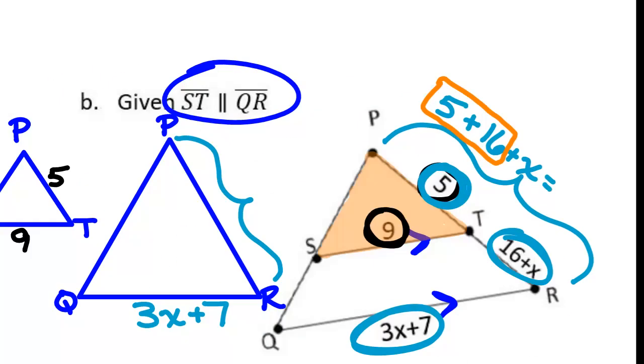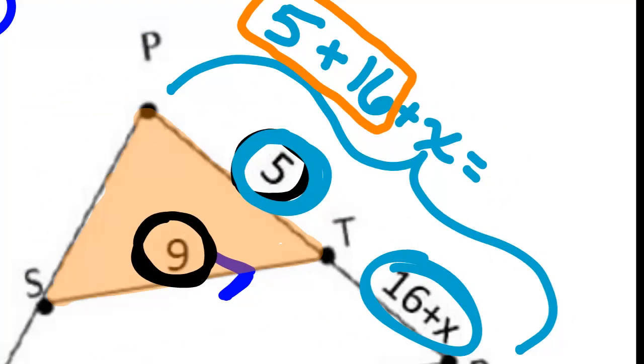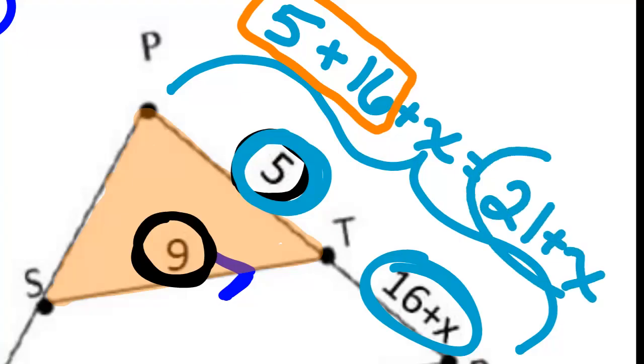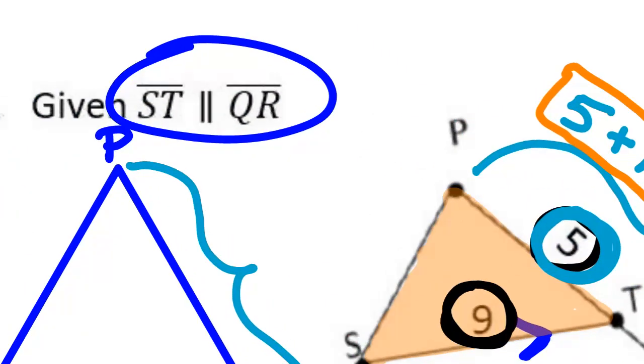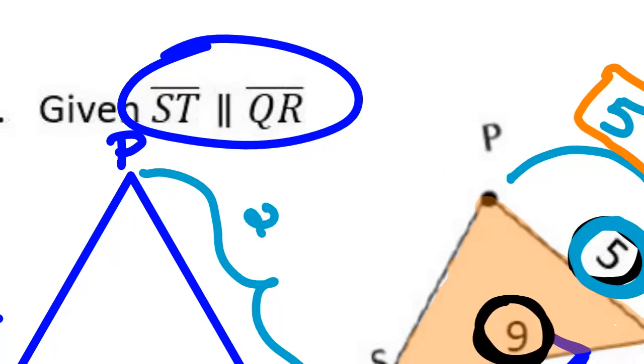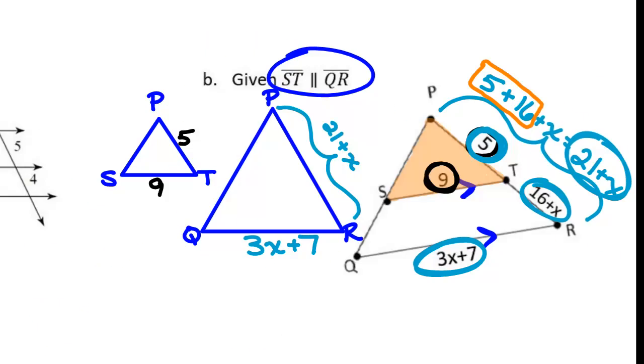What is 5 plus 16? 21. So 21 plus x is this side right here. So from P down to R is 21 plus x.